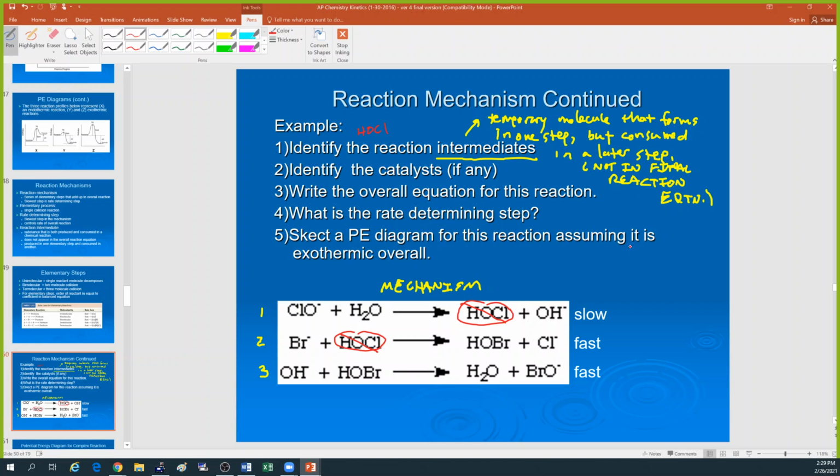Anything else that fits the definition that you can see? HOBr. HOBr fits the definition. It's produced in step 2, but consumed in step 3. HOBr is an intermediate in this case. Anything else?